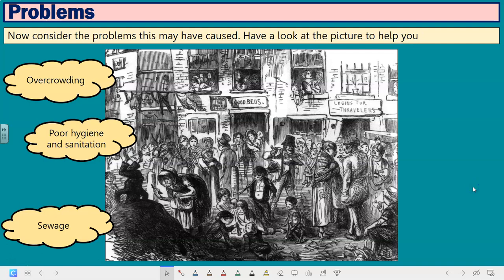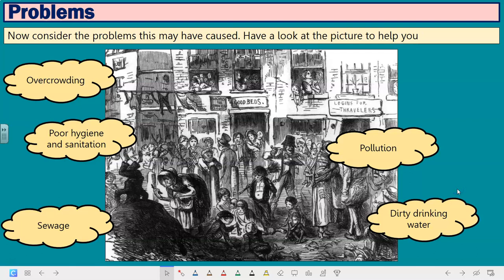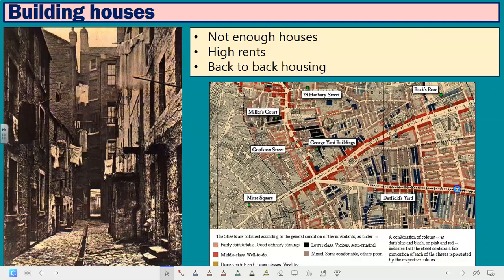You might have talked about having sewage out in the streets. You might have talked about pollution, perhaps from the factories. You might have talked about dirty drinking water or bad housing. And these are all problems that people had to deal with in living in a city during the Industrial Revolution.